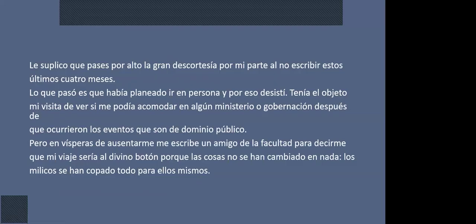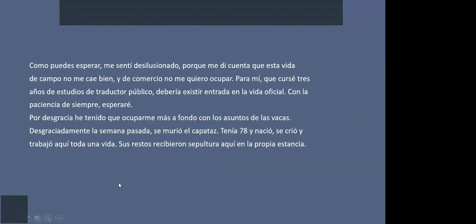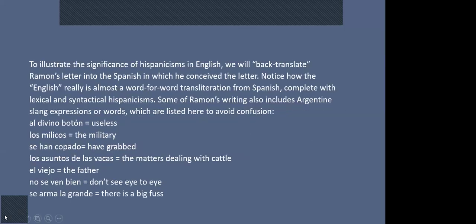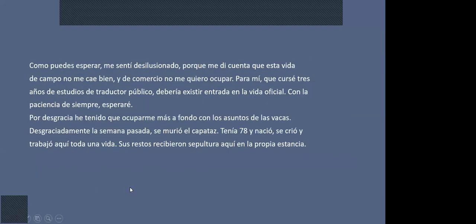The military have taken over everything over there. As you can see, I was disappointed because I realized that life on the ranch, it doesn't. This is another difficult one. Hold on. Doesn't suit me, okay? And I don't want to have to do with business.